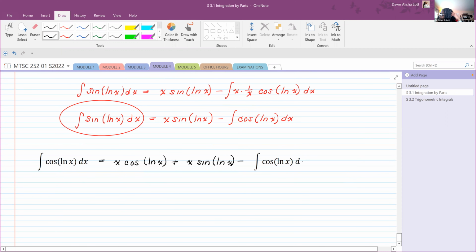Don't ask me where the x went. Okay, so now I have 2 of them on one side. There's the mouse.